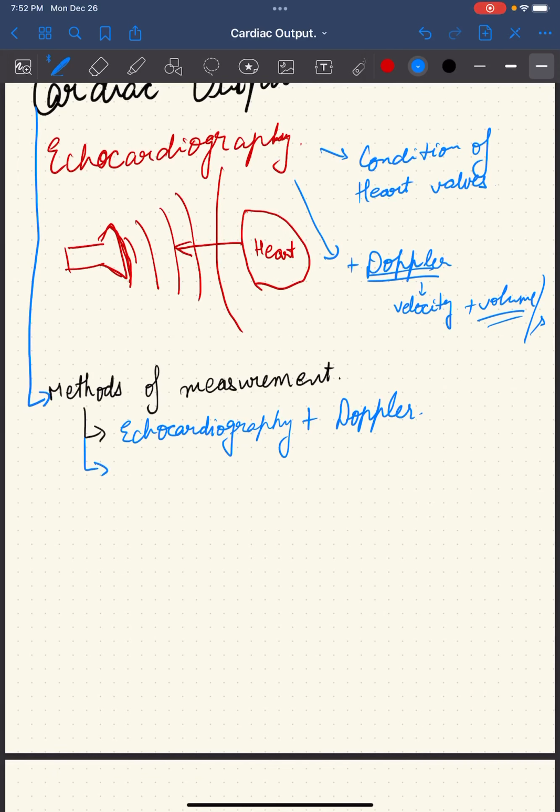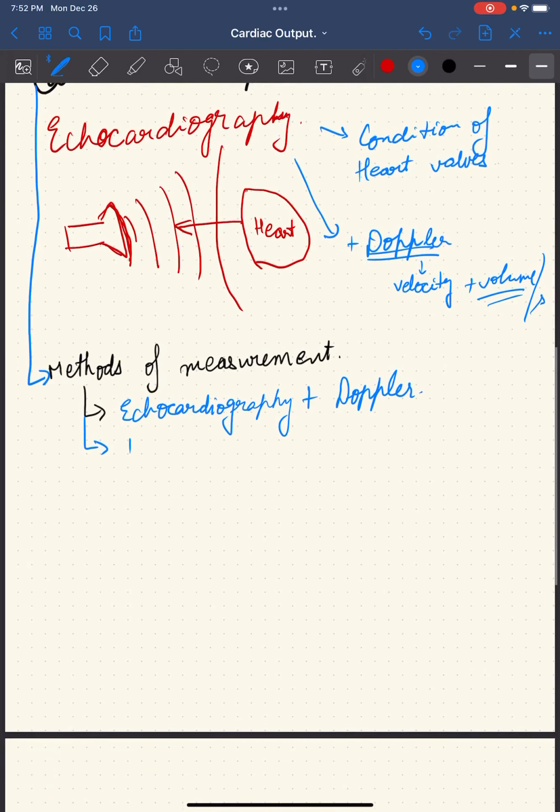Some other techniques that can be used are the Fick principle, and the indicator dilution method. Is this good?